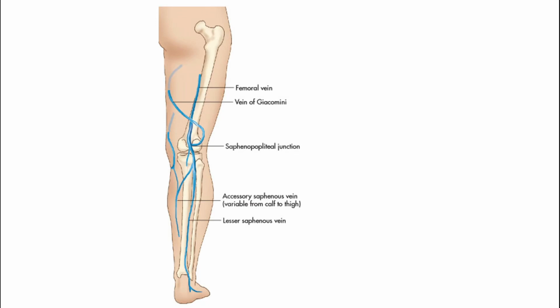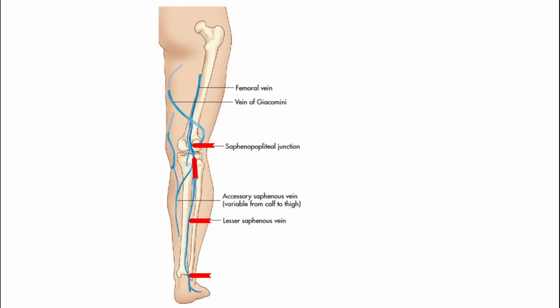The second component of the superficial venous system of the lower limb is called the short saphenous vein, and starts on the lateral side posterior to the lateral malleolus and goes up in the posterior part of the leg, and it is going to end up in the popliteal vein.